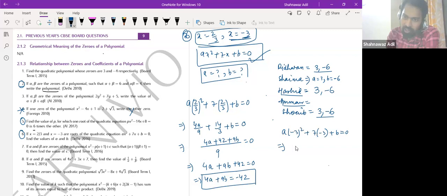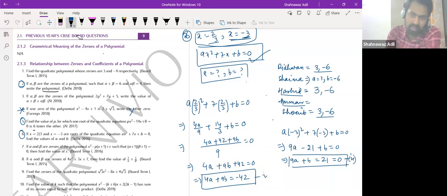So 9a minus 21 plus b equals 0. So this is the second equation that I am writing.